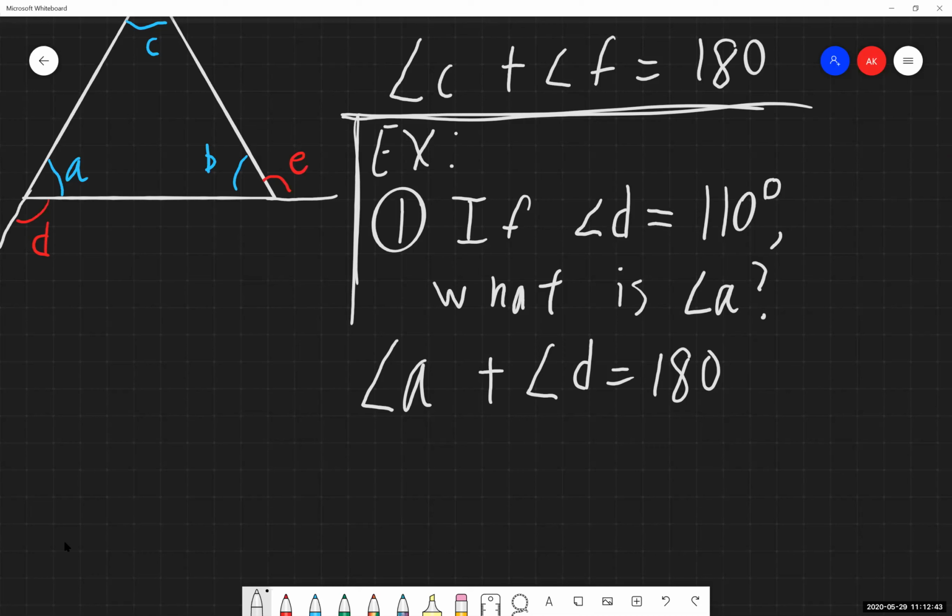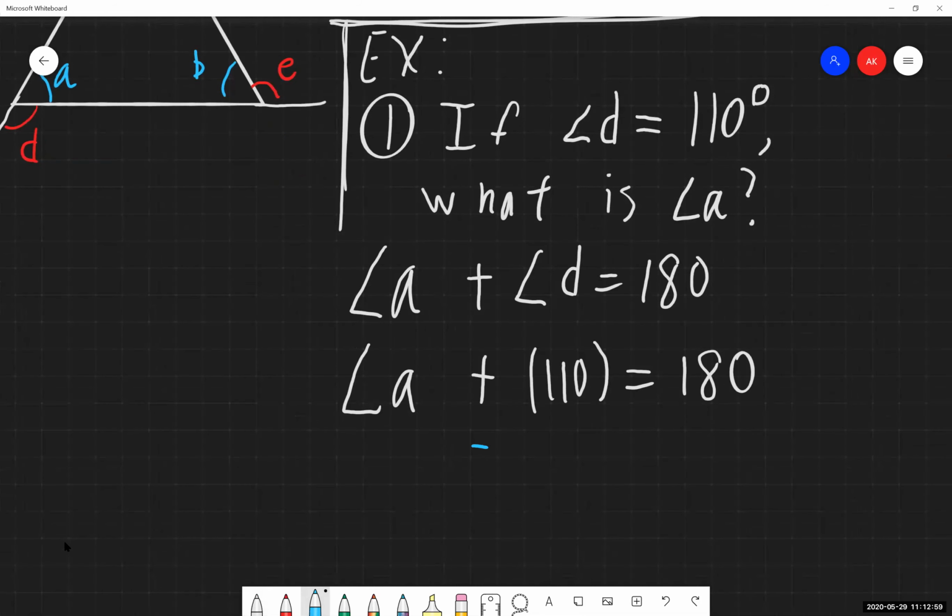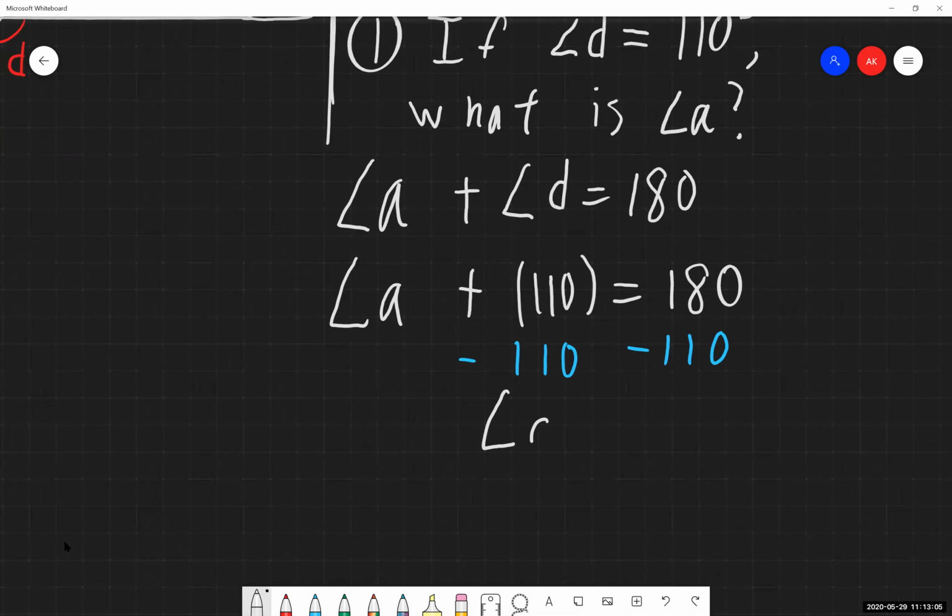Then we fill in what we know. And now we just subtract 110 from both sides. And we find that angle A is equal to 70 degrees.